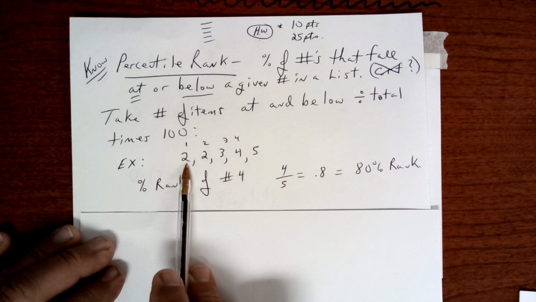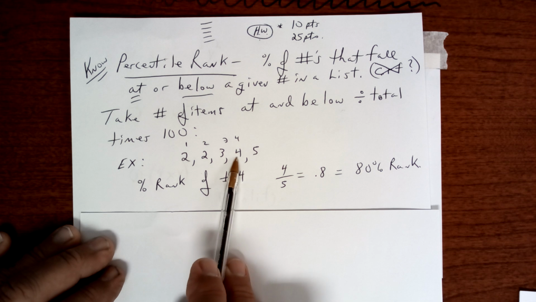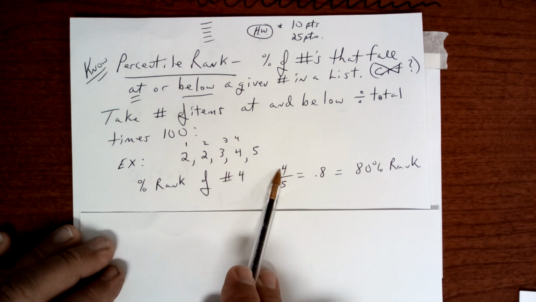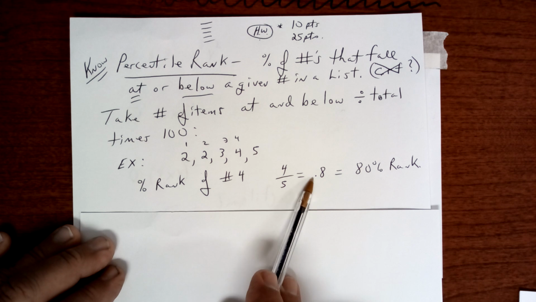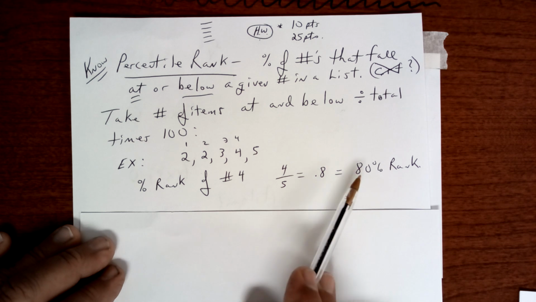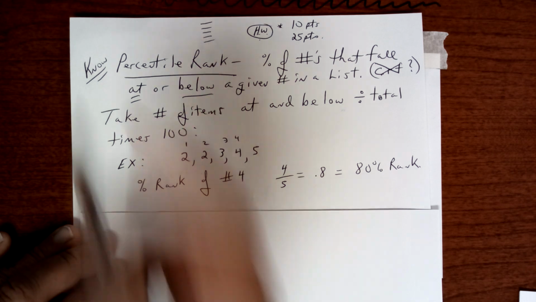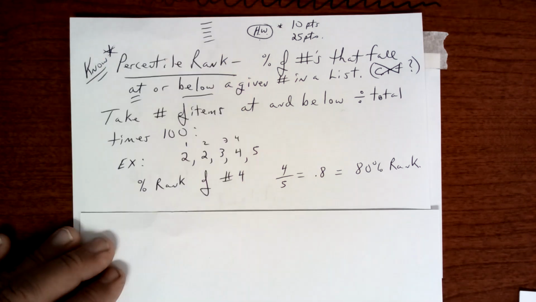If you want to find the percentile rank of 4, then there are 4 numbers, 1, 2, 3, 4, 4 numbers at or below. The total number of numbers is 5. So you take 4 divided by 5, you get 0.8. So the percentile rank is 80%. Make sure you know how to do that. Put a star by that. I think number 12 in your book was like that.